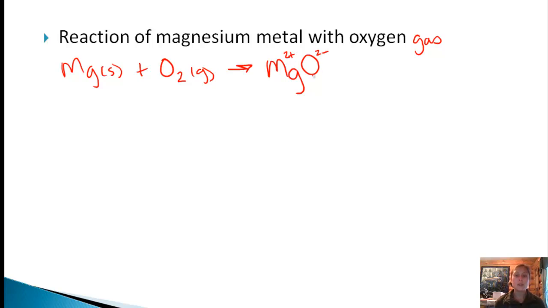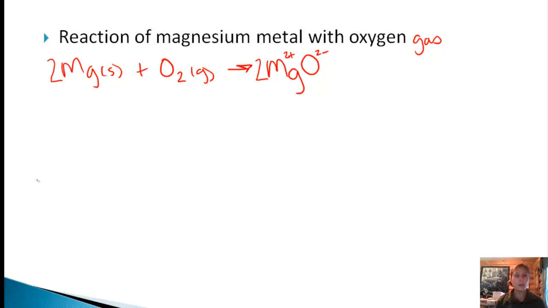So to write a neutral compound, one of each is sufficient. But now we need a balanced equation. Since I have 2 oxygens from my O2 gas, I'm going to put a 2 out front. That means I have 2 magnesiums, so I put a 2 there. Now I have a balanced reaction.